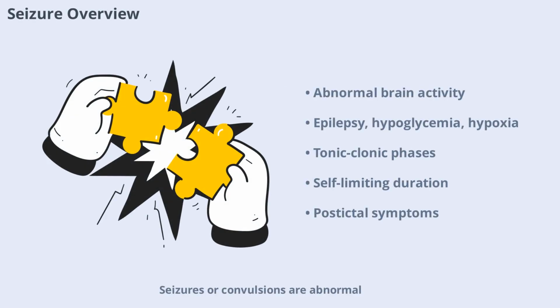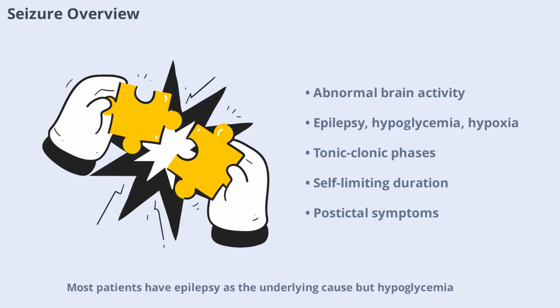Seizures or convulsions are abnormal electrical activities in the brain, resulting in changes in consciousness, motor activity, or sensory phenomena. Most patients have epilepsy as the underlying cause, but hypoglycemia, hypoxia, or local anesthetic overdose can also trigger seizures in dental settings.